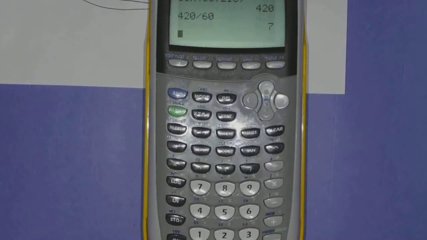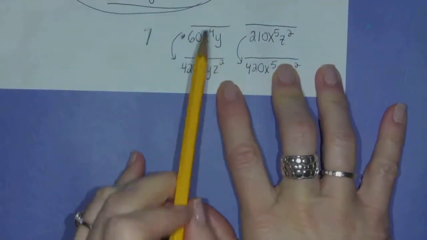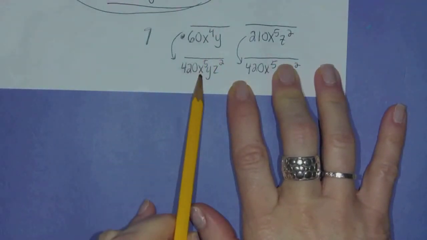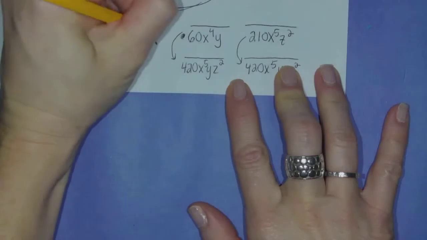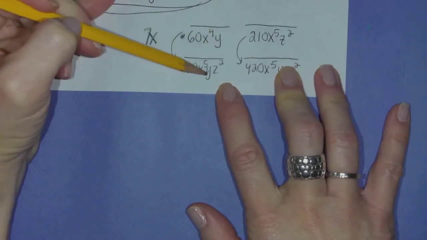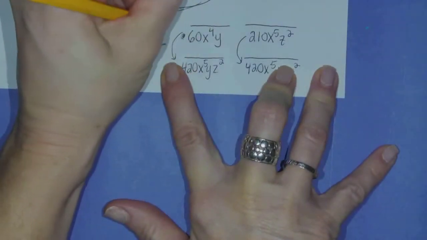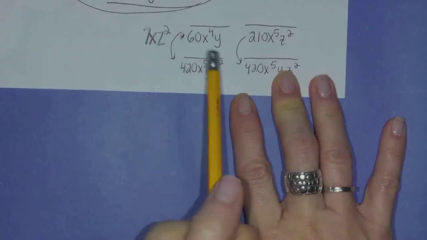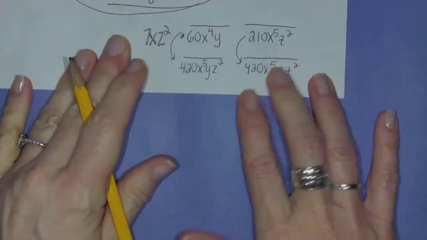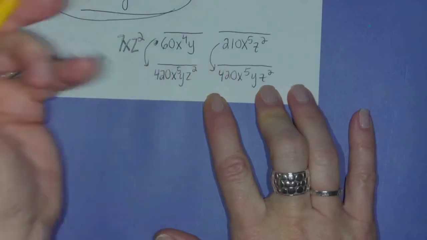divided by 60, 7. Okay? So 7. And then how do you grow an x to the 4th to an x to the 5th? Well, you multiply by x. Y, you don't have to grow that at all. And how do you grow a z squared? You multiply by z squared. So that's how that becomes that. The second one, if you take 420 divided by 210, you get 2.